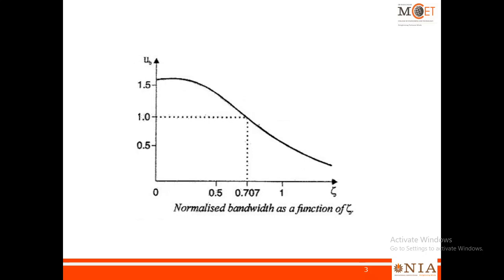So now we are showing a relationship between tau and the normalized bandwidth frequency, that is, how that particular bandwidth frequency varies with respect to tau. Bandwidth is higher when tau is lesser. Bandwidth is lower when tau is higher.